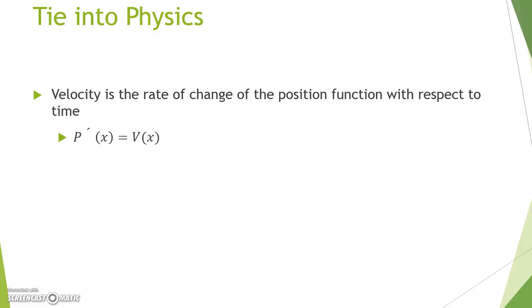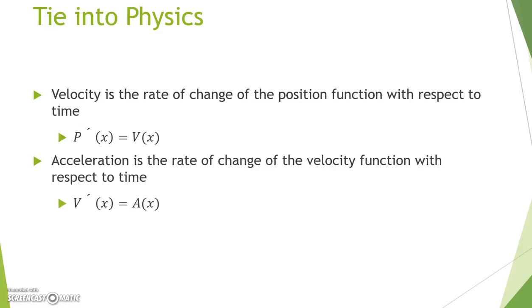And so that is p prime of x equals v of x, which is the velocity function. And then in turn, the acceleration is described as the rate of change of the velocity function with respect to time. So v prime of x equals a of x.